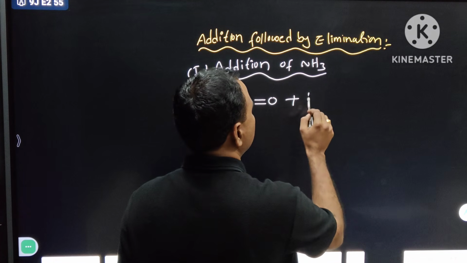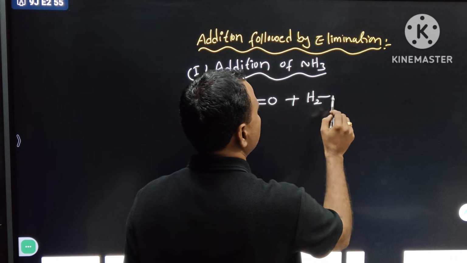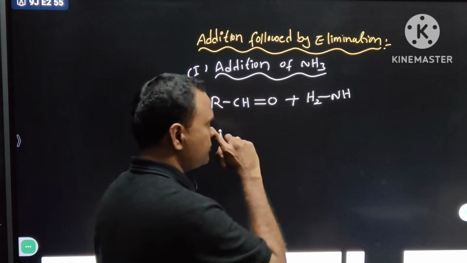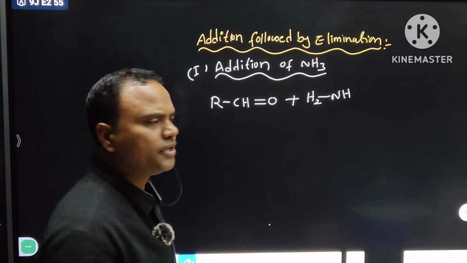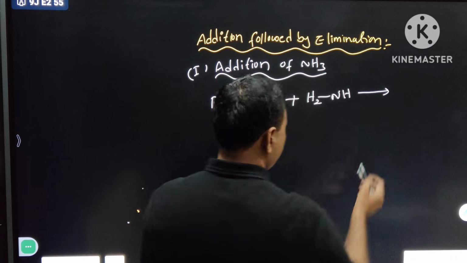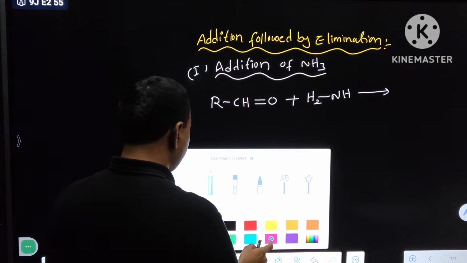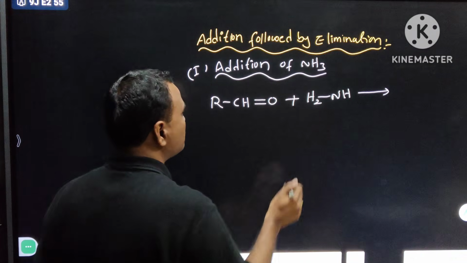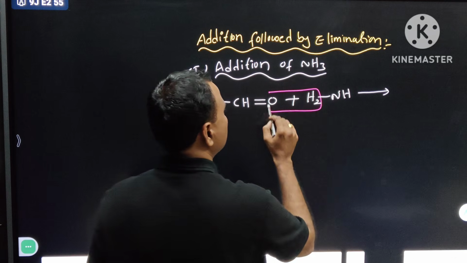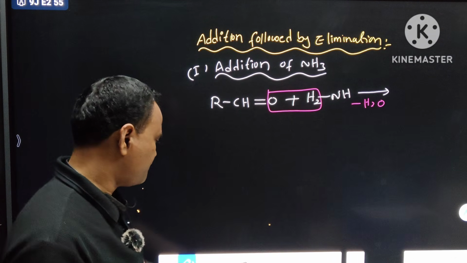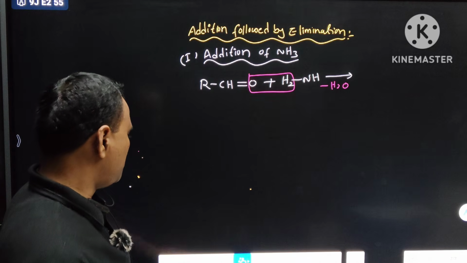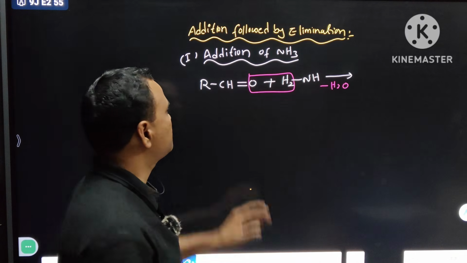Next, ammonia can be written like this, NH3 can be written like this, H2NH, right? Now eliminate water, minus H2O. What will be formed? Tell me.